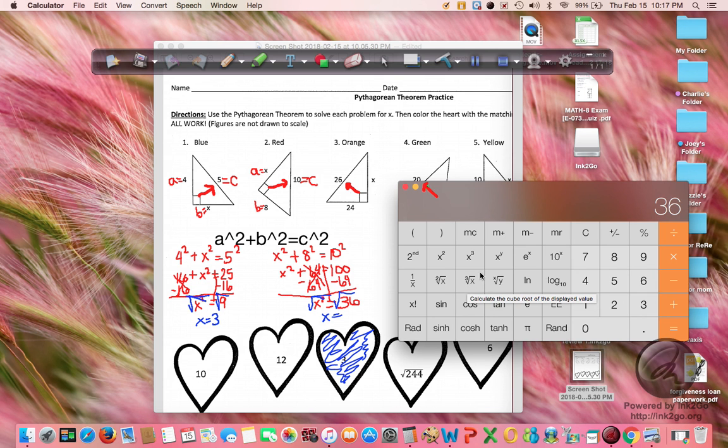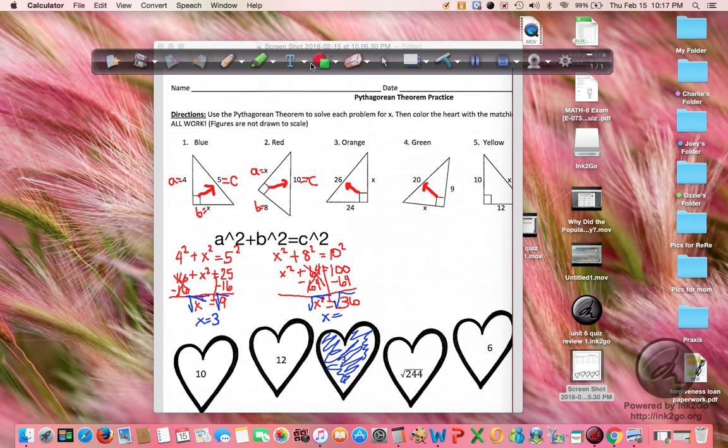This is called a cube root, to get rid of the third power, but you guys won't have to know that till algebra. So here we have our square root, and that gives me 6. So x equals 6.